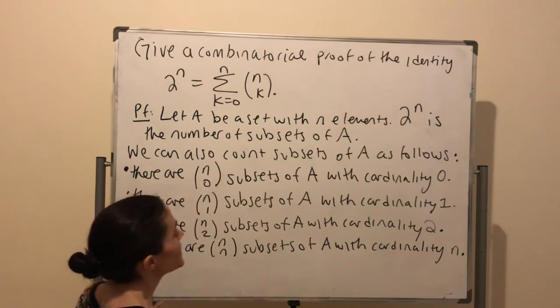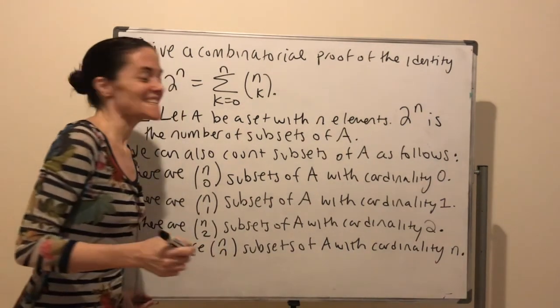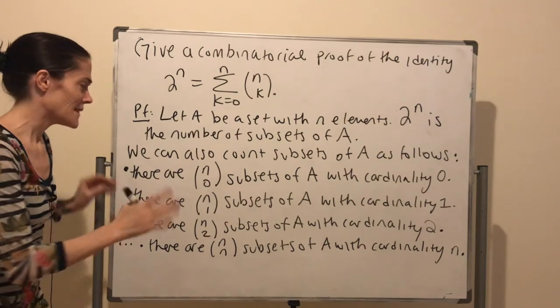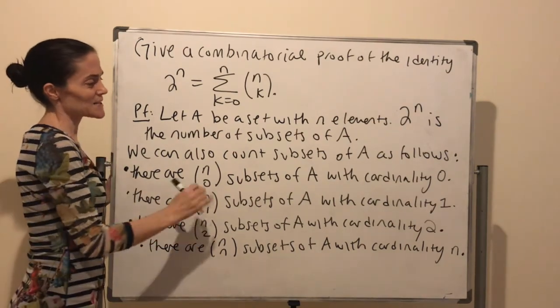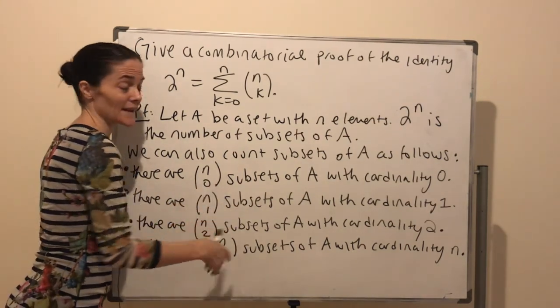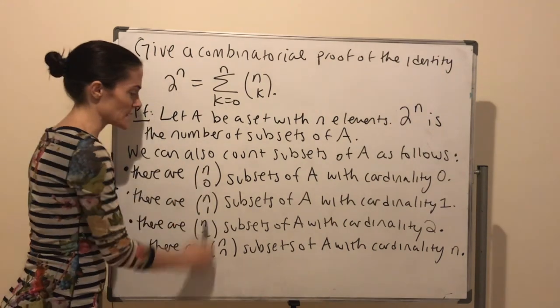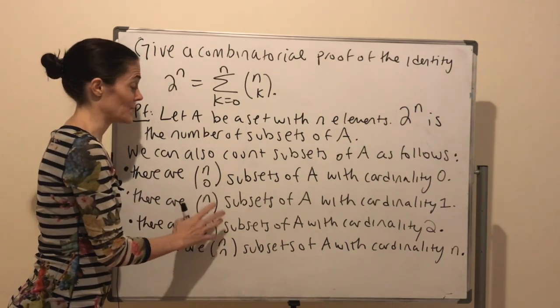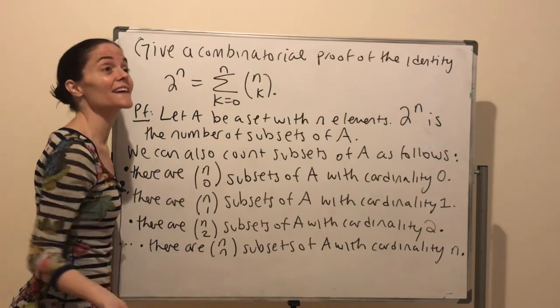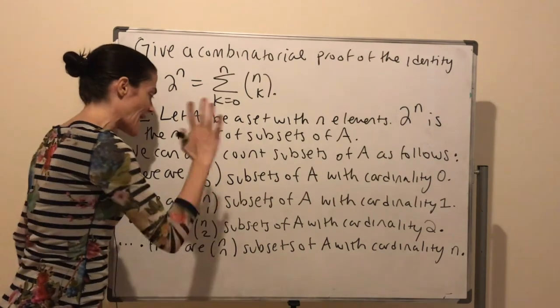And so, well, this is really the addition rule. There is no subset that has both at the same time cardinality 1 and cardinality 2. So they're all separate. We haven't overcounted anything. So we can just add all together.